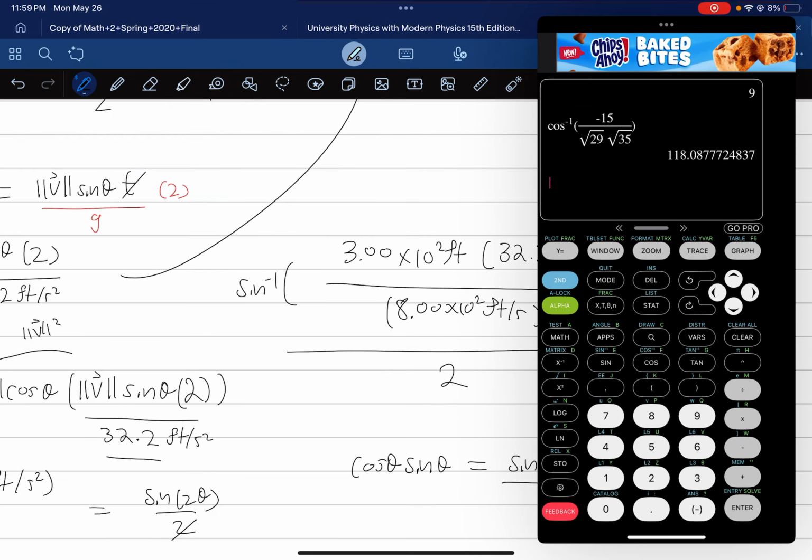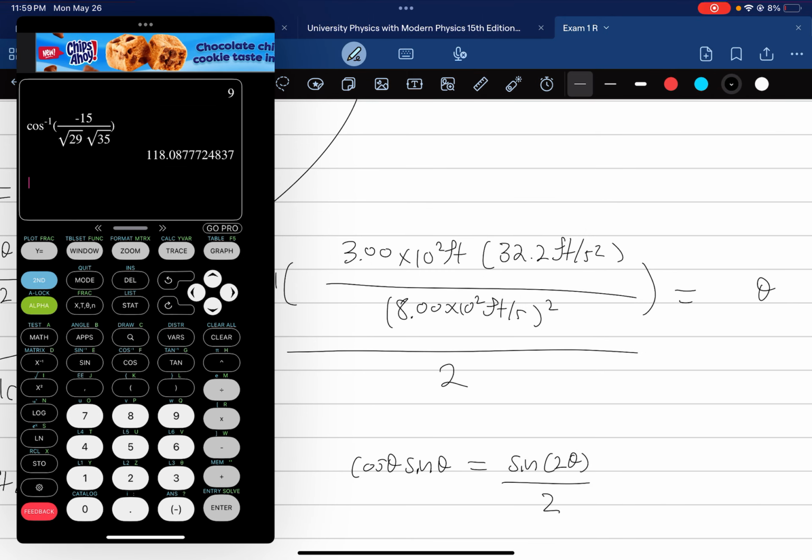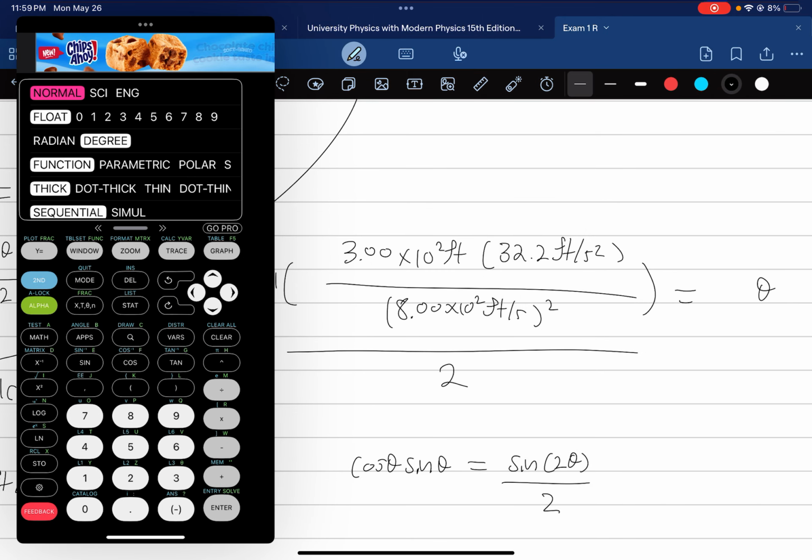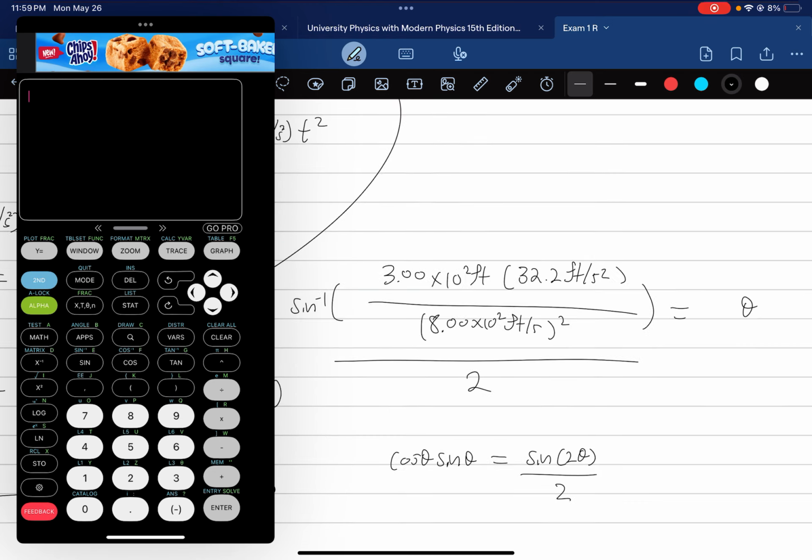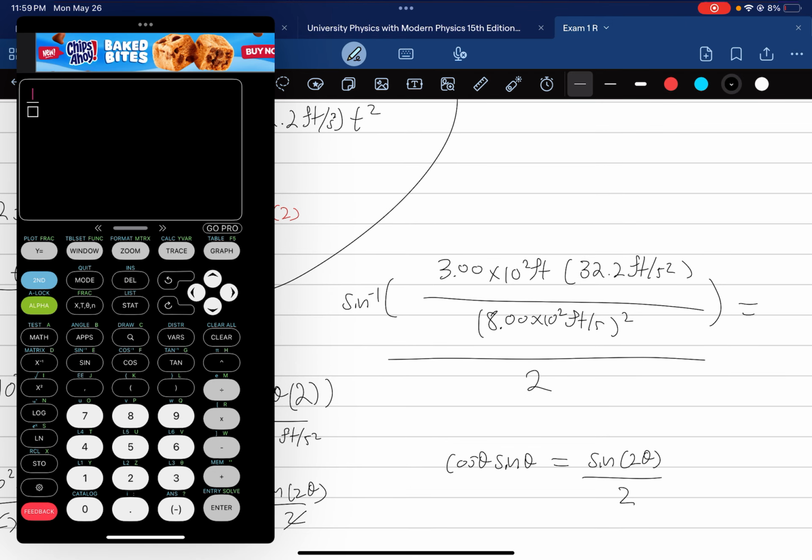Now, if we actually calculate it, make sure to put your calculator in degrees, which mine already happens to be in. Luckily for me, I also have the fraction button. Sine inverse, let's put another fraction. For simplicity, I'm just going to write 300 times 32.2.